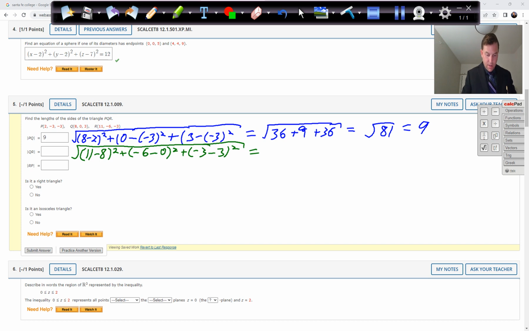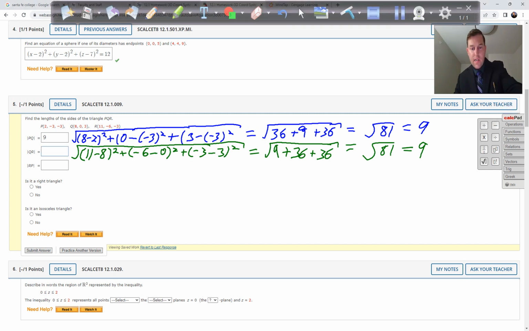I have to make sure I get these right. Which is 3 squared, which is 9, minus 6 squared, which is 36, and minus 3 minus 3 is minus 6 squared, which is 36 again. This is looking interesting. We're going to have the square root of 81 again, which is 9.